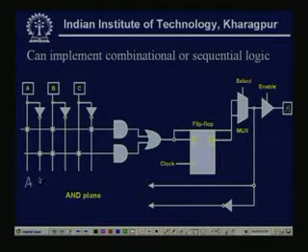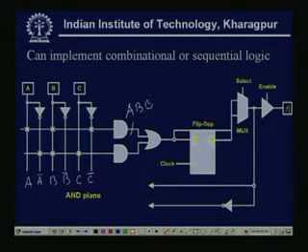So, this is A bar, B bar, C bar, and the output of the 2 AND gate, this is A B C bar, and this one is A bar B C.